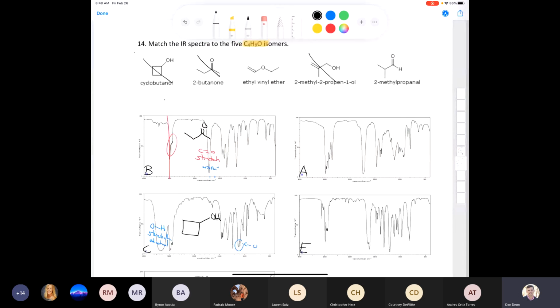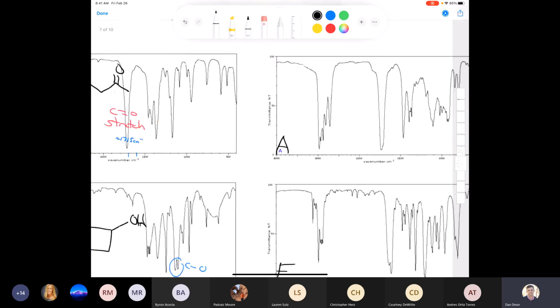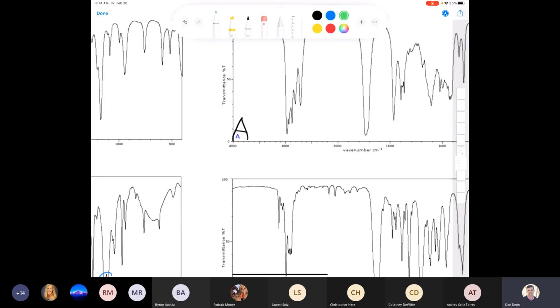If you go over to your sheet, hopefully you have it printed out, you notice that you have the carbonyl at 1725. If you look at A and you go 1,500, 1,600, 1,700, that looks to me like it's the carbonyl stretch of an aldehyde, because it's pretty close to 1725 reciprocal centimeters.